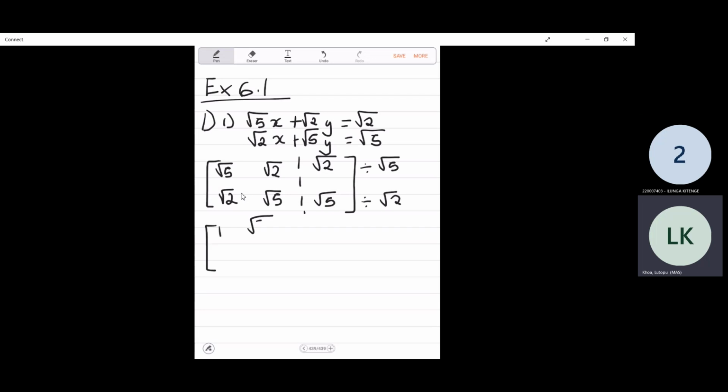This gives me 1, square root of 2 over 5, square root of 2 over 5, and then 1, square root of 5 over 2, square root of 5 over 2. So now I want to make this a 0, so I can just say row 2 minus row 1.